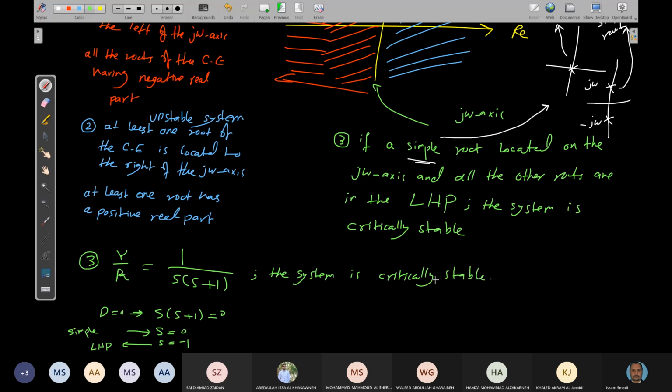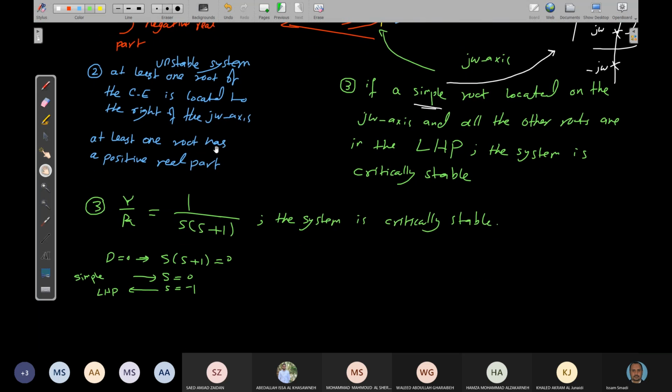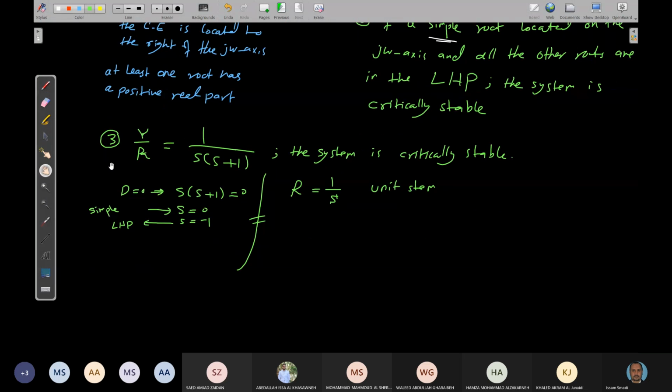Now, why is this one called critically stable? Let's assume we know that stability is not related to the input. It's only a characterization of the system itself. But for this system, if I'm injecting R equal to 1 over S, a unit step, what will happen? Can anyone give me Y equal to what now?